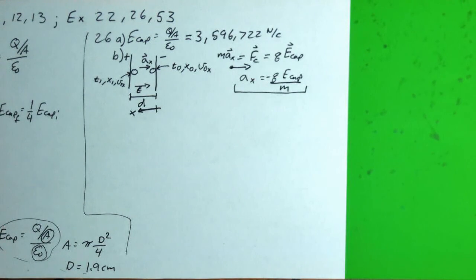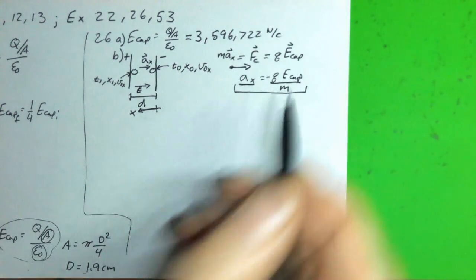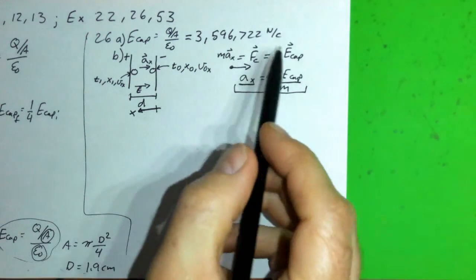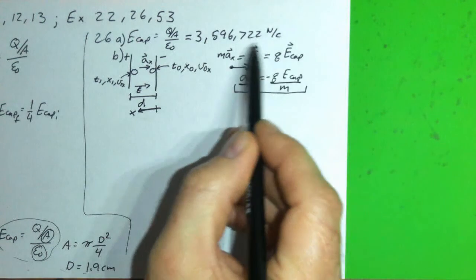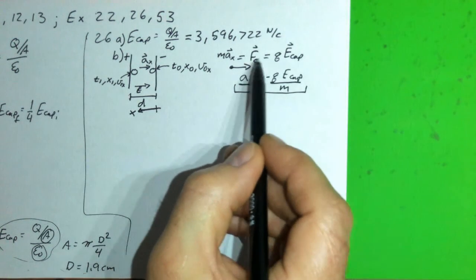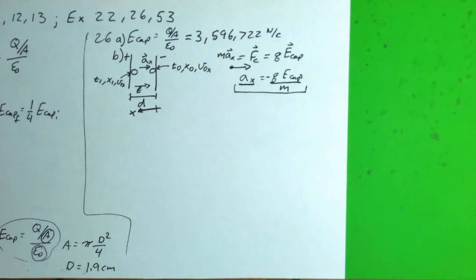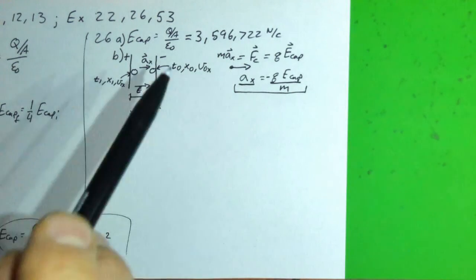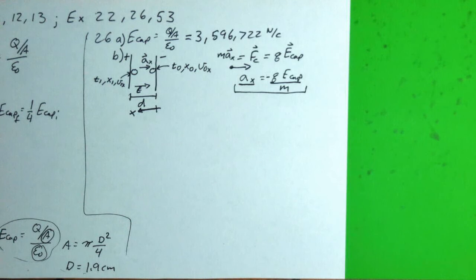So I now have the acceleration. It's a number. I have used my knowledge of Coulomb's force in terms of electric field and Newton's second law to relate these two. Now I've reduced it to a kinematics problem. So I'm going to pause again, and hopefully you can solve it from here, but I'll be ready with some more advice to help once you're done.